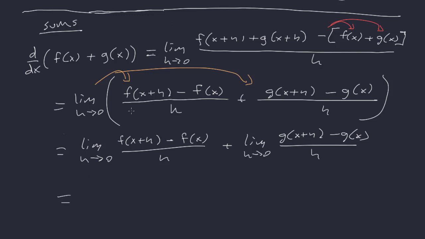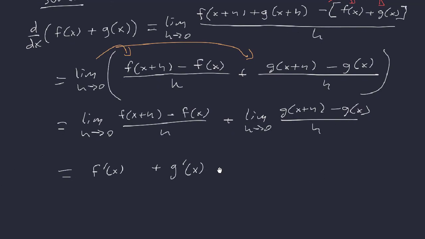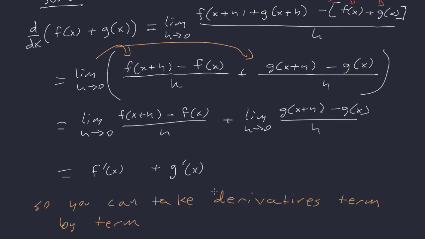Well, this is the definition of f prime, and this is the definition of g prime. So it turns out that you can just take derivatives term by term, just like you can with limits, right?